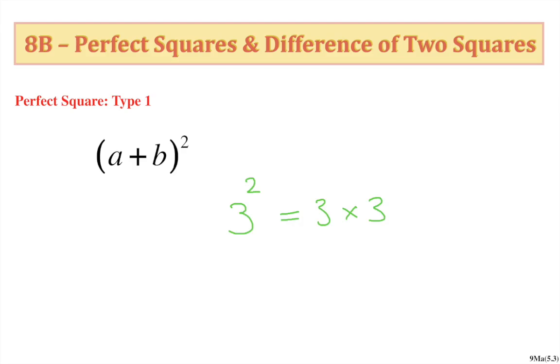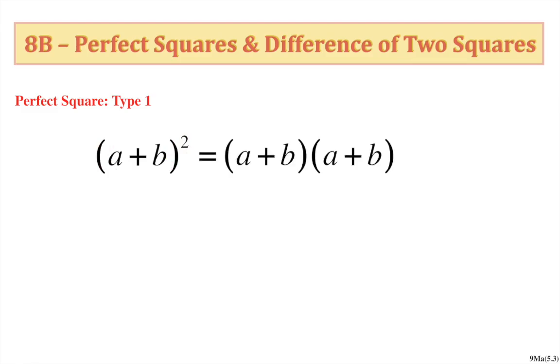It means multiply 3 by itself 2 times. What does x mean if I square it? It means x multiplied by x. So you could ask the question, what does a plus b in brackets mean if it is squared? It means multiply a plus b in brackets by a plus b in brackets.